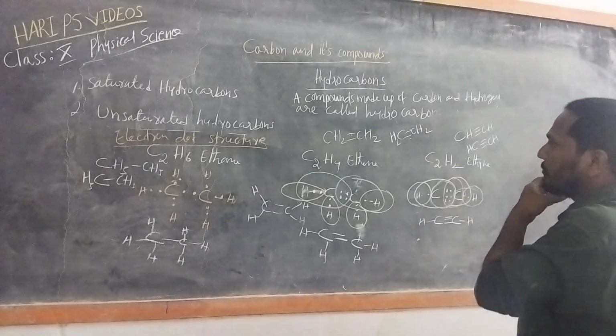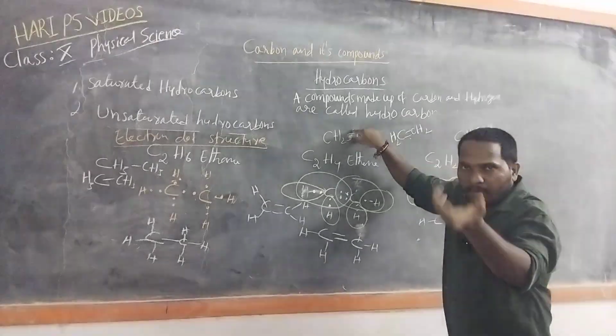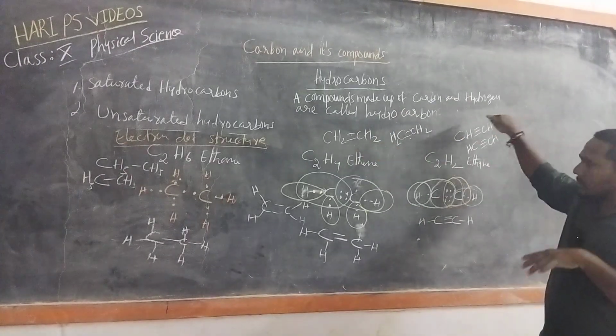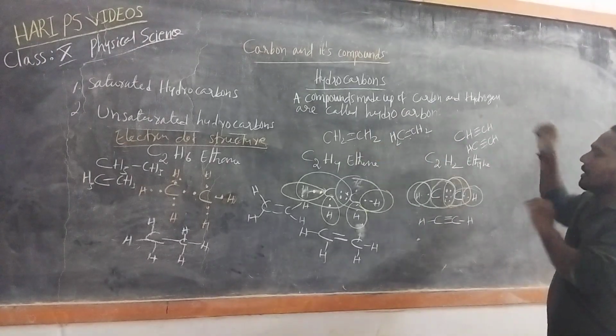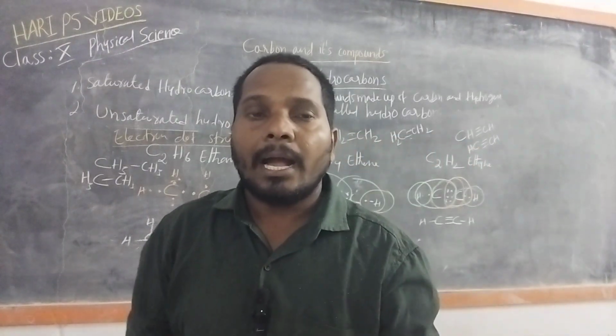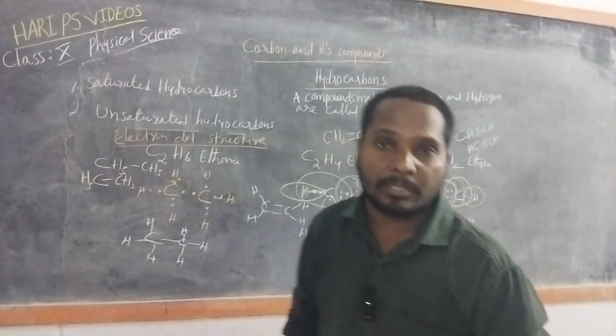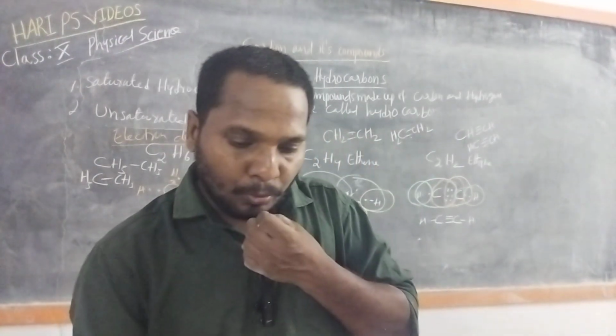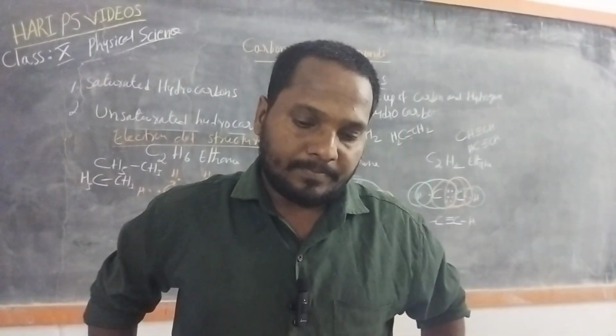First a single bond is formed, then the second bond is formed. Likewise in the triple bond, first a single bond is formed, then the remaining two bonds are formed. How these are formed, I explained in the previous videos. Please watch it. Then coming to alkyl groups.